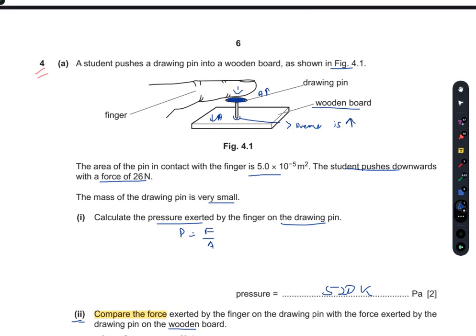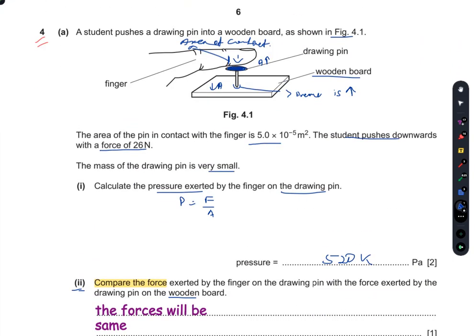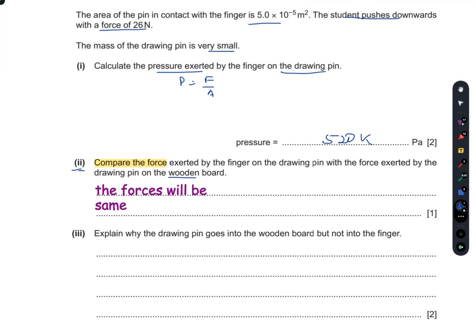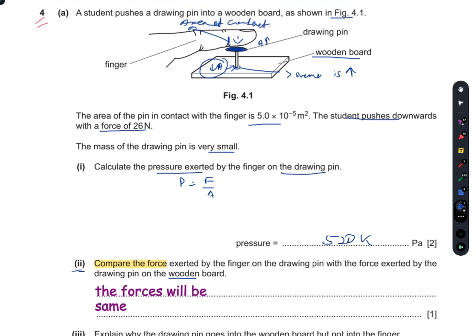The drawing pin won't go into the finger because the finger has a greater area of contact here, and the wooden board has a lower area of contact. The surface of the finger is also not uniform.